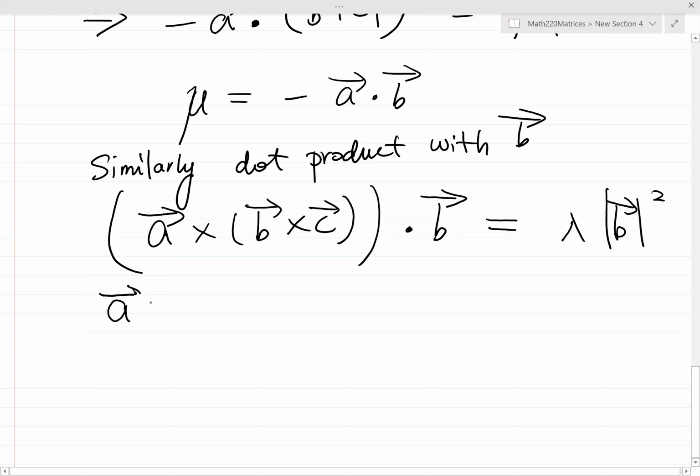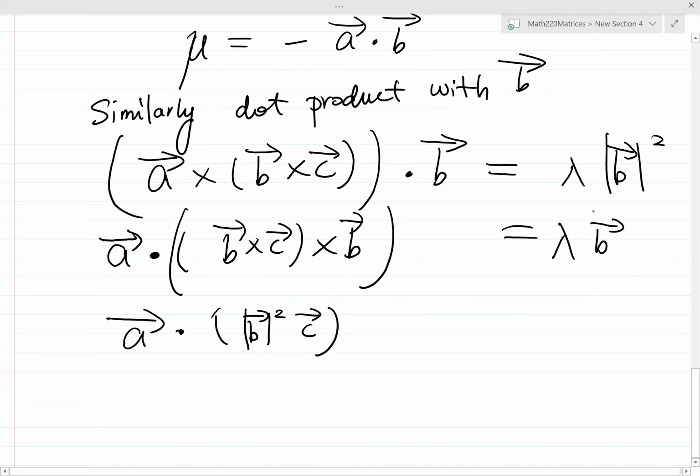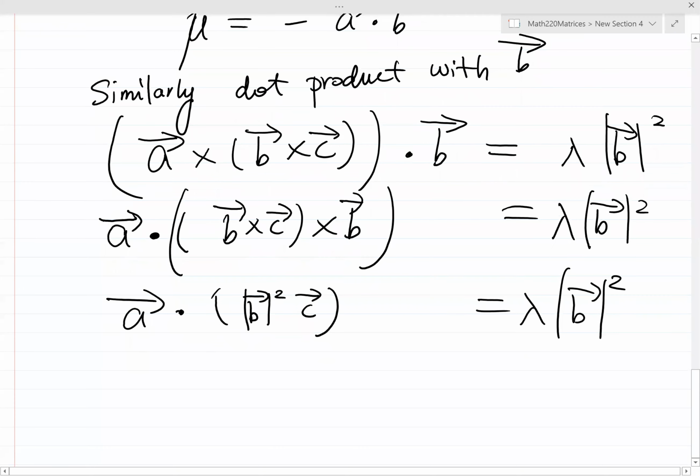You got A dot B cross C cross B, and this you got A dot B norm squared C. Now this you got lambda B squared. B squared we assume is non-zero, otherwise it's trivial. Now divide by B squared, so you actually get A dot C is lambda. So we use the fact that the B norm squared is non-zero. Okay, so we are done.